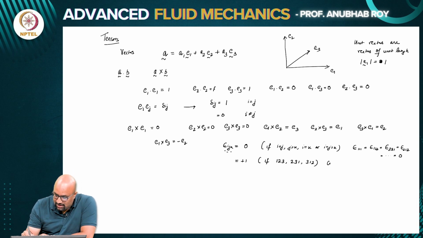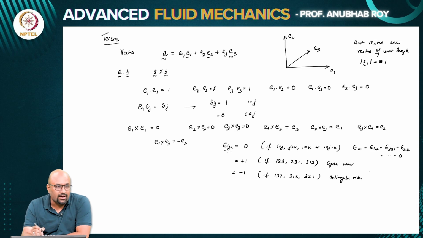So if you have these in cyclic order, the permutation symbol picks up a value of plus 1. And if it was in the anticyclic order, which means 1, 3, 2, 2, 1, 3, 3, 2, 1, then it should pick up a value of minus 1.